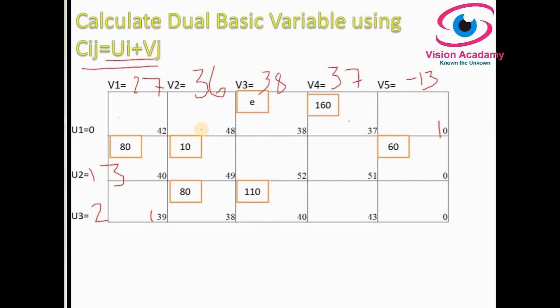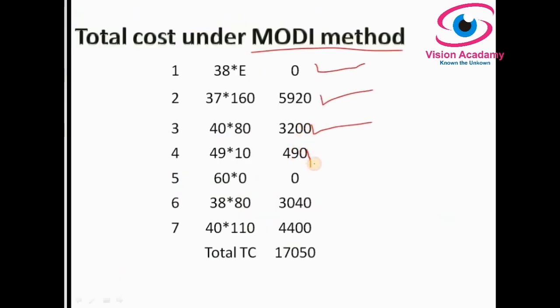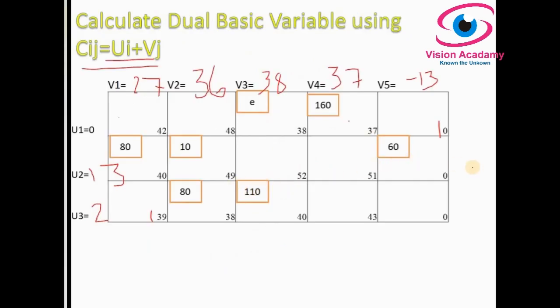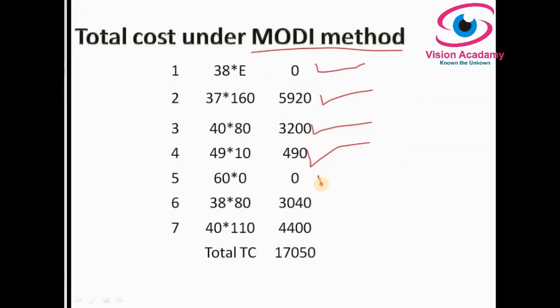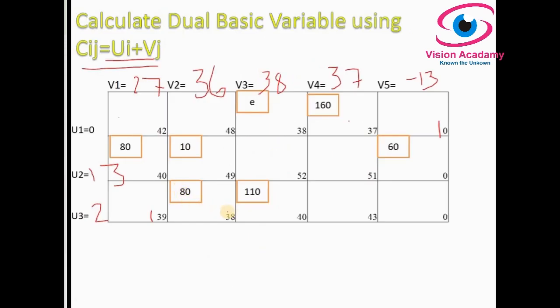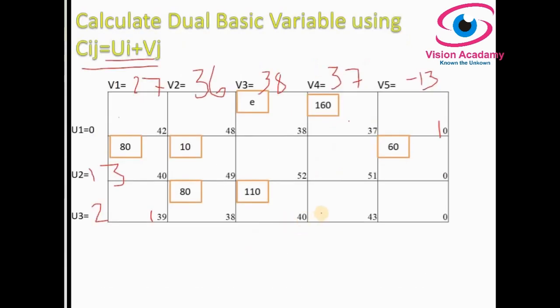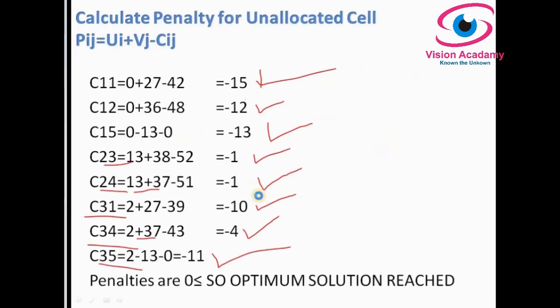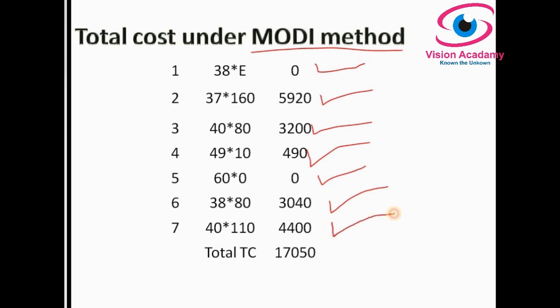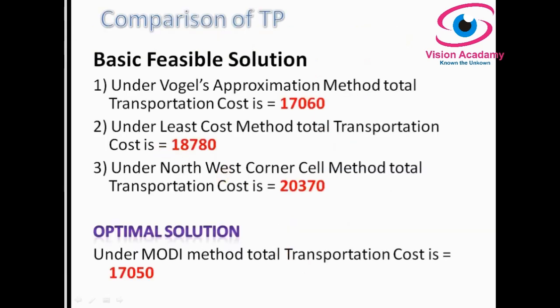And 10 into 49, 490. And 60 into 0, it is 0 only. And 80 into 38, 3040. And lastly 40 into 110, so 4400. So after adding all this, the transportation cost under the MODI method, the modified distribution method, is 17,050.